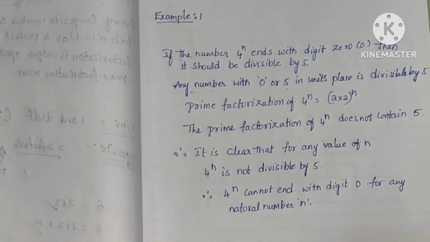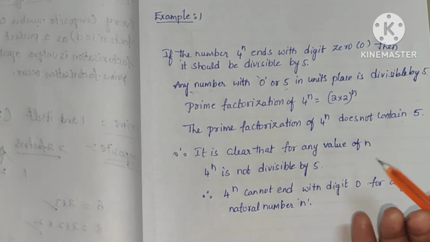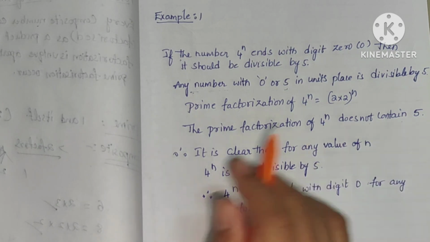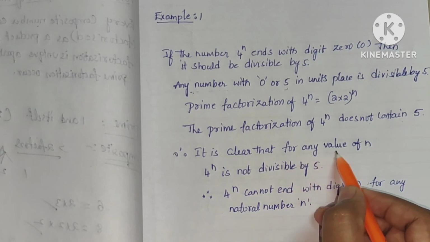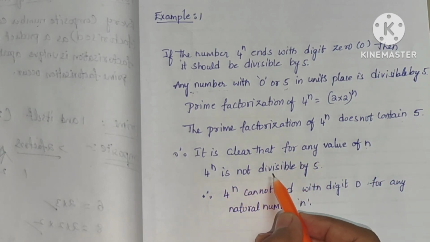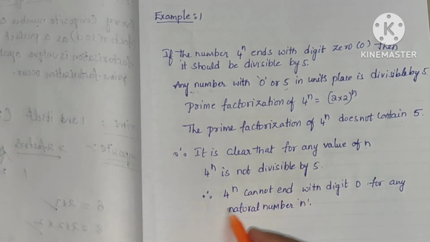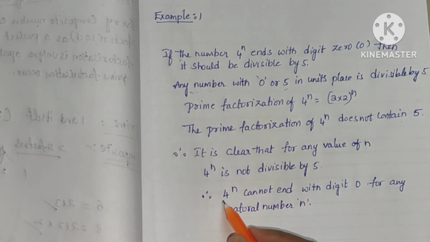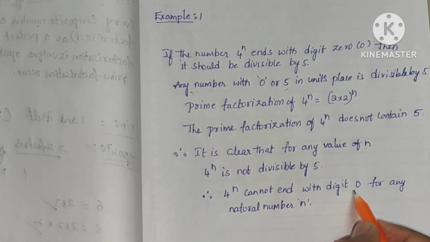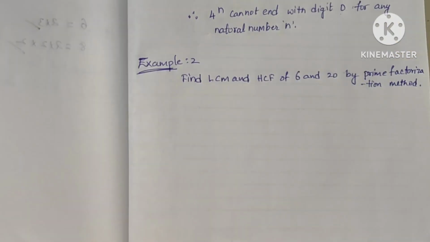If 5 were there, it could end with 0. So it is clear that for any value of n, 4 power n is not divisible by 5, and therefore it is not going to end with 0. Therefore 4 power n cannot end with digit 0 for any natural number n.